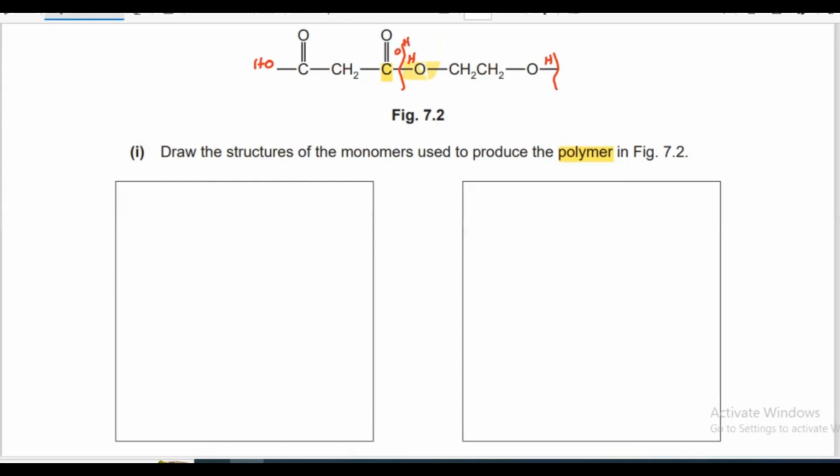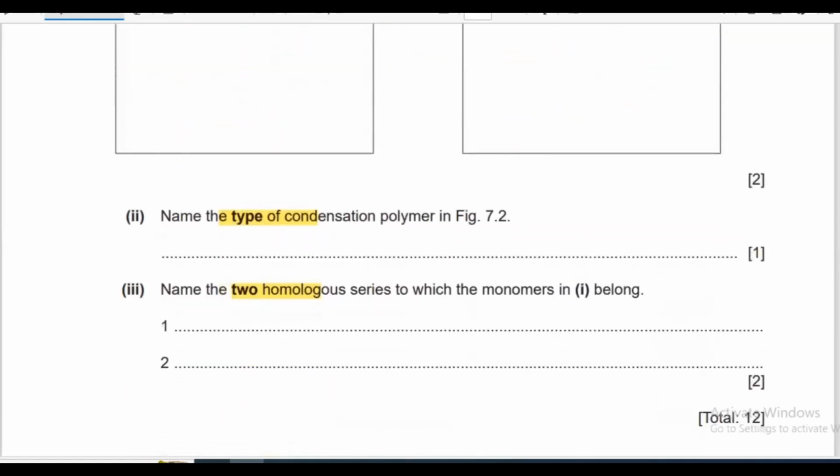So you can copy CH2, C double bond O, C double bond O, and then this extension, and then CH2, then CH2, and then O. Just add H with this to make it an alcohol, and OH with this to make it a dicarboxylic acid. So these are the two monomers for this condensation polymer.